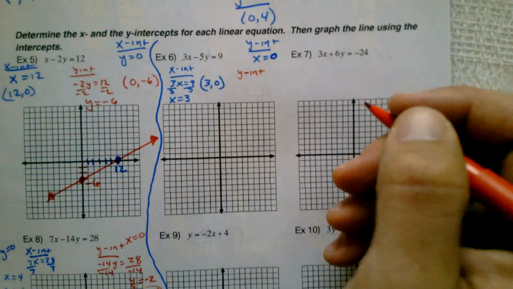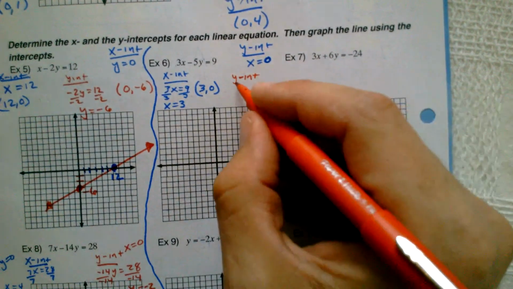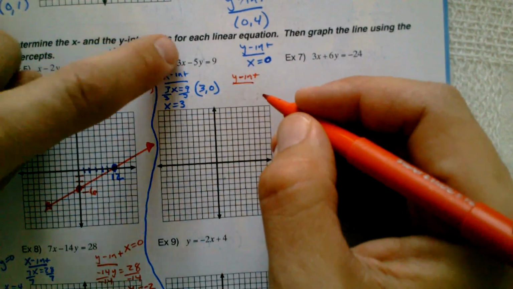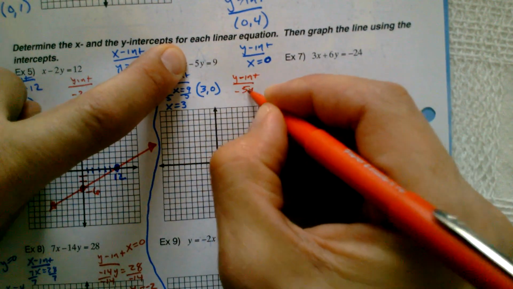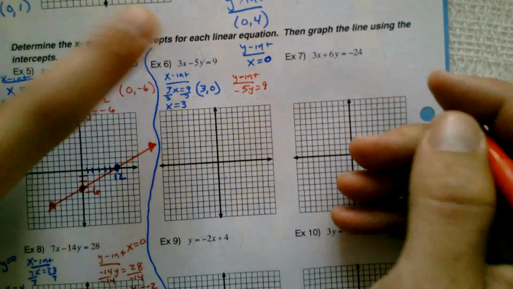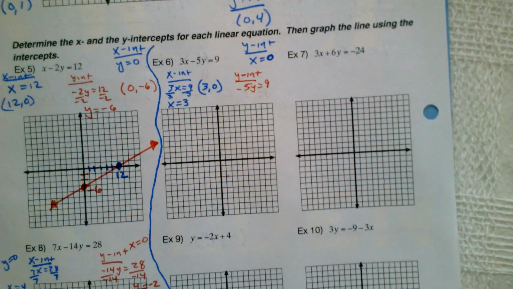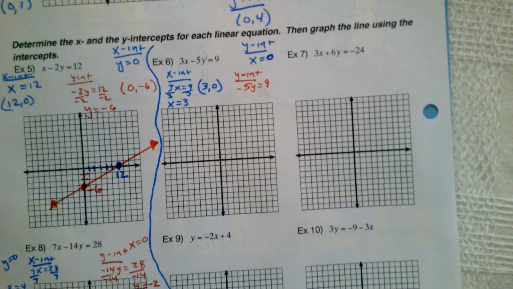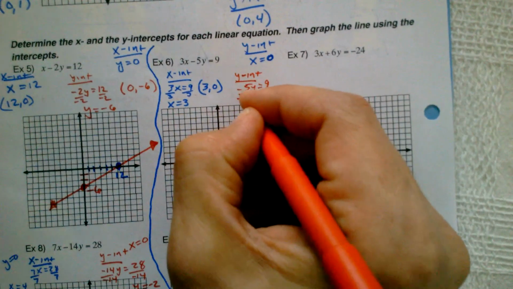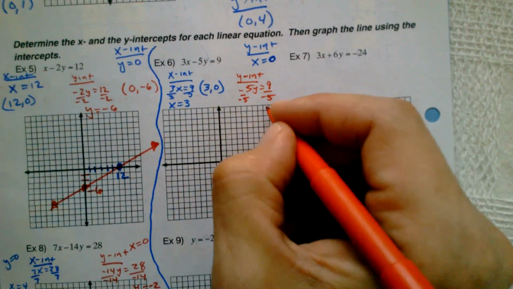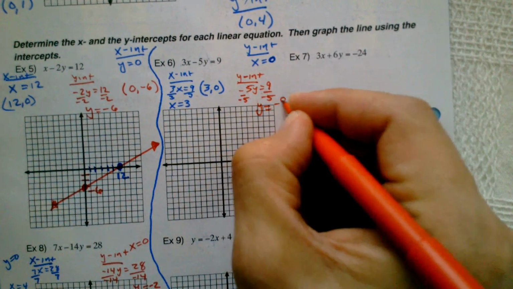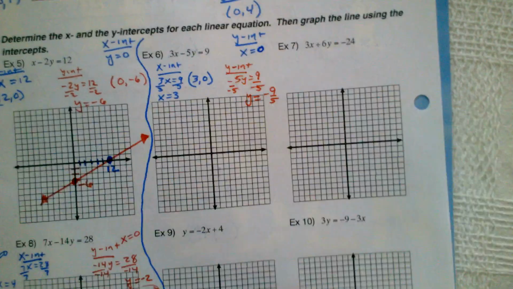As I take a look, y-intercept is when x is 0. So I cover up my x's, and I get negative 5y equals 9. Now, when you take a look at this one, you're like, oh my gosh, when I divide over, oh man, I get a fraction. Okay? So you can write that as y equals negative 9/5, but what is negative 9/5?